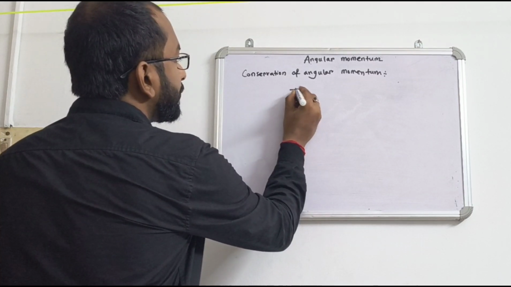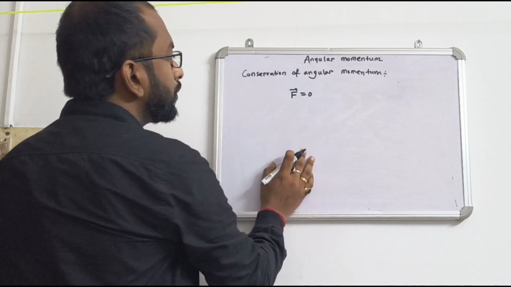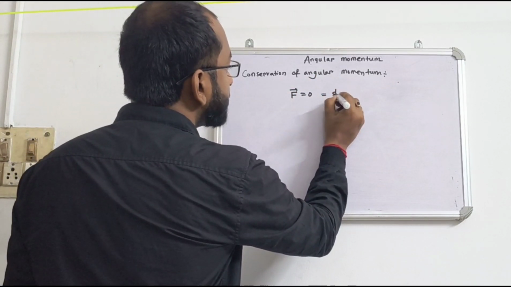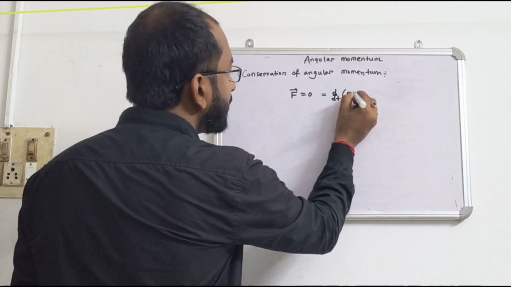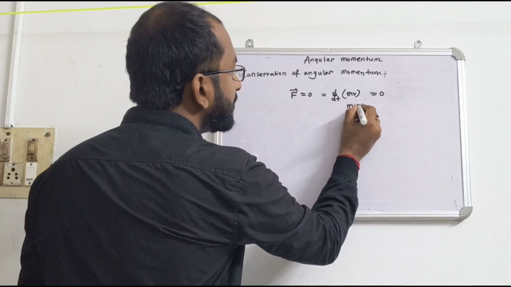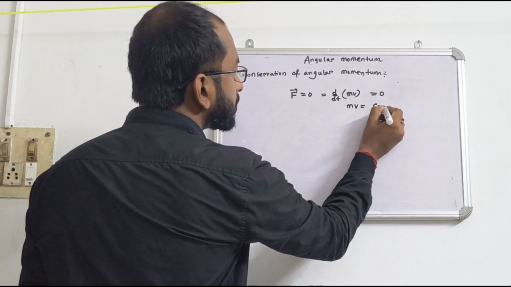So if F is 0, it will not cause any momentum change. So the momentum change, d/dt of mv, or rate of momentum change, will be basically 0. So mv will be basically constant.